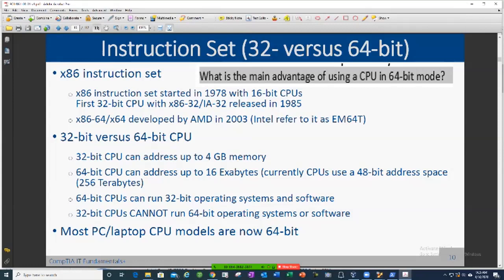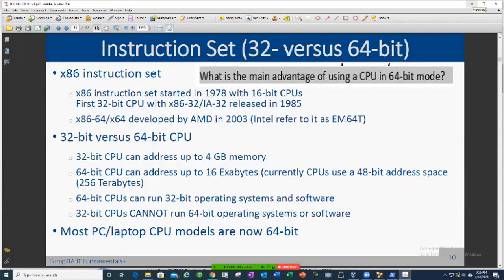I have said in previous lessons that you can have a computer system with 64-bit architecture and install a 32-bit application, but you cannot do it the other way around. If you have an old computer with 32-bit architecture, you cannot install a 64-bit operating system. So how do you know?